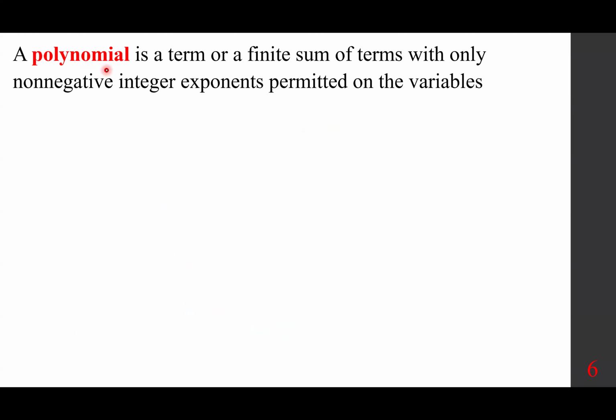A polynomial is a term or a finite sum of terms with only non-negative integer exponents. In other words, natural numbers permitted on the variable. They can actually be whole numbers, because for a constant, the exponent is 0 for the variable.